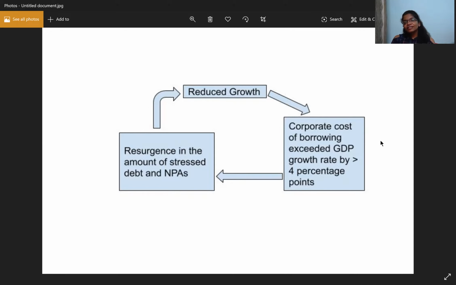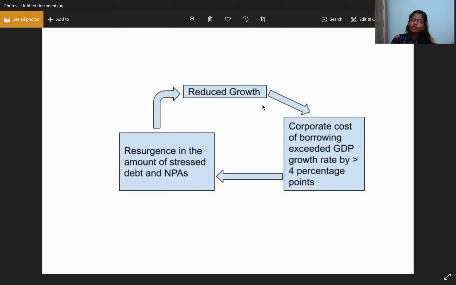And this has in turn led to a lot of stress debt and NPAs. And obviously once this happens, companies won't take aggressive growth strategies and everything. So it will in turn just lead to reduction in growth and even reduction in consumption, because people will not have any money to spend, because banks will also be a little bit more conscious to lend money.